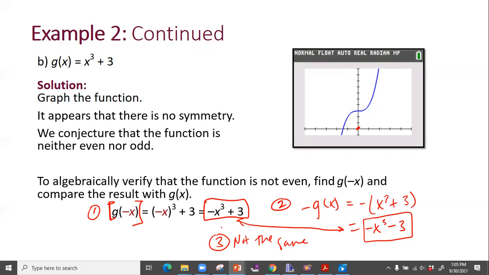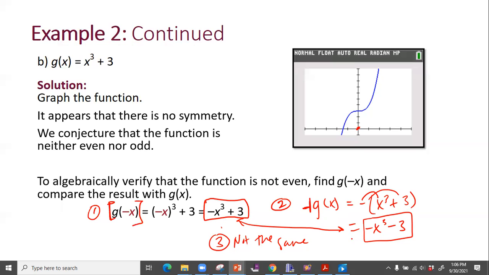Step 2 is you now multiply the function by -1. So you're multiplying the entire function by -1. And all that does is change the signs, right? If I multiply by a negative, it just changes the sign.